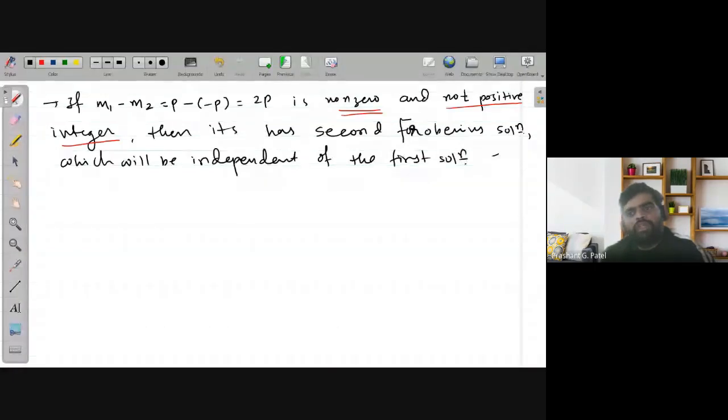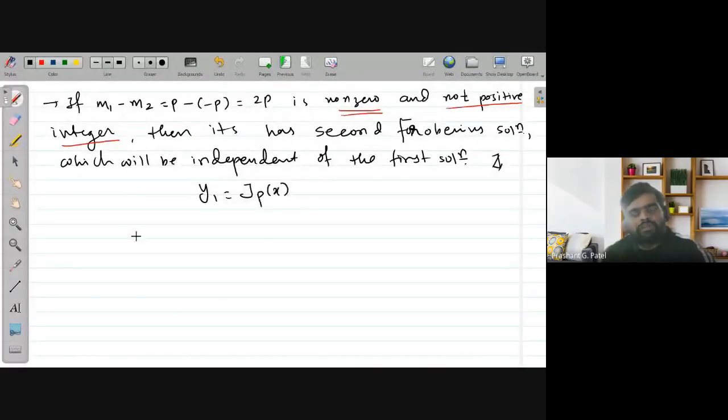First solution we already have, y1 is equal to Jp of x, which we already discussed.